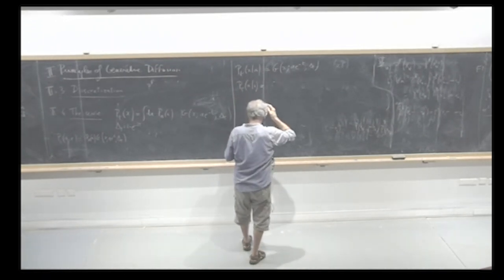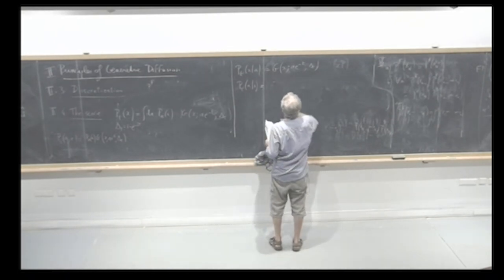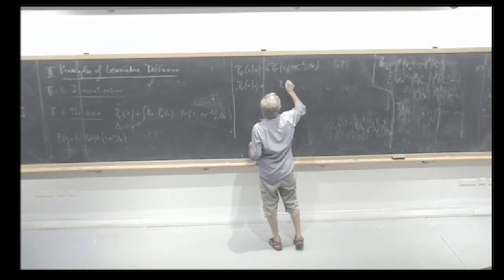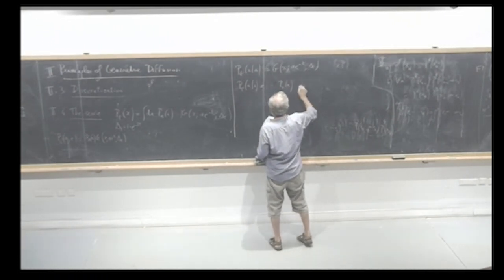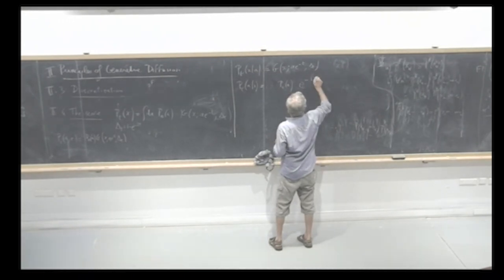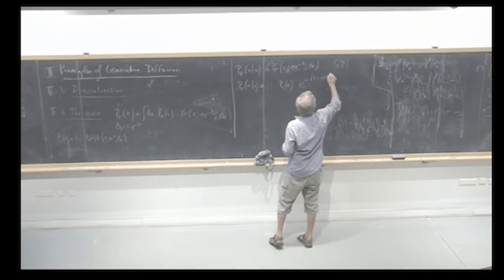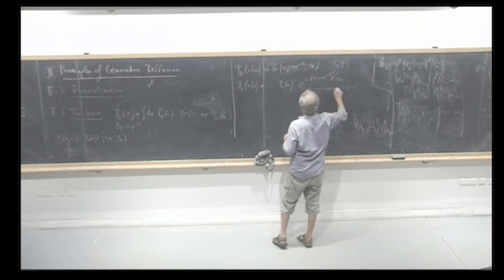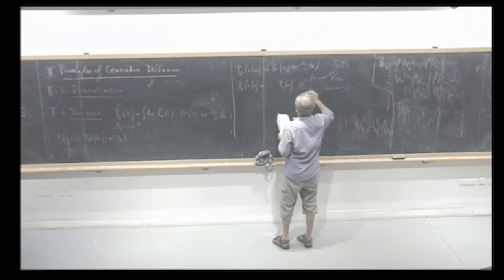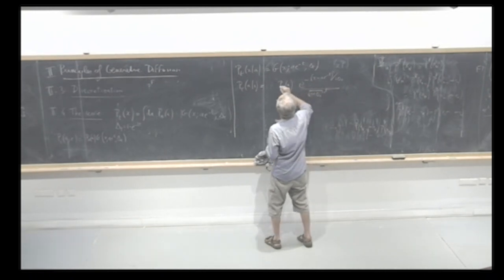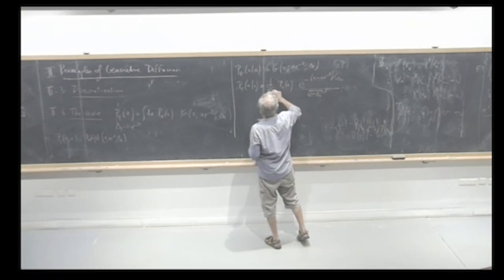And what is that? This will be equal to P0 of A times e to the minus (x minus A e to the minus t) squared over 2 delta t, divided by the square root of 2 pi delta t. I write it explicitly this time. And I have to include a partition function here.